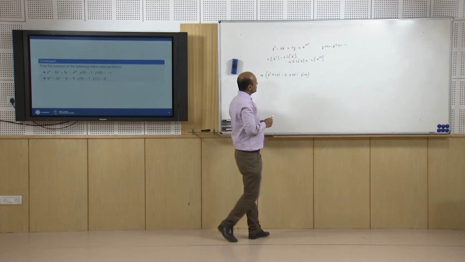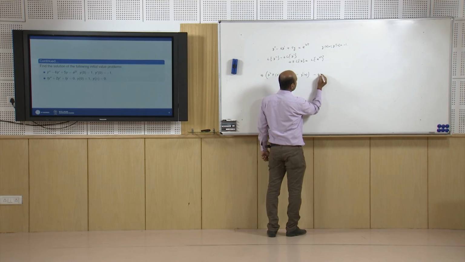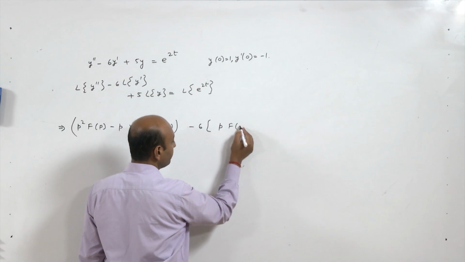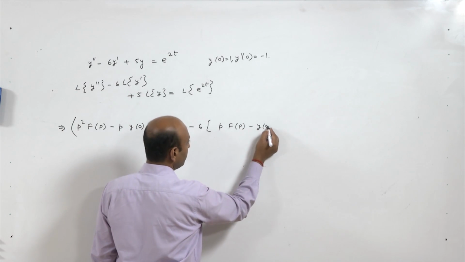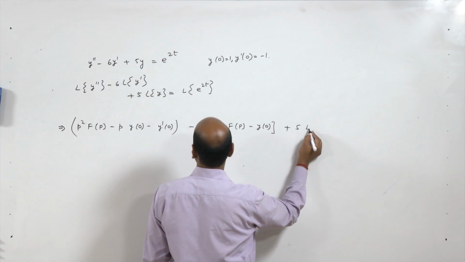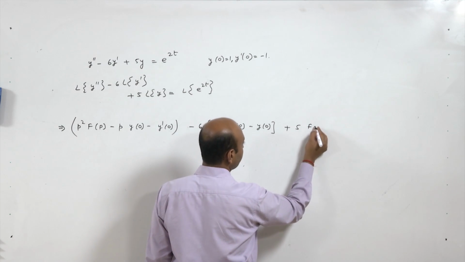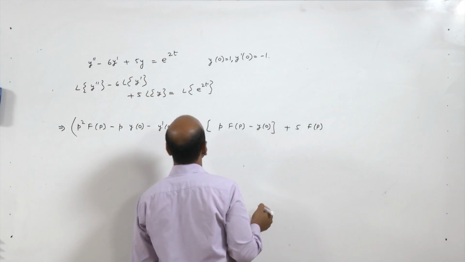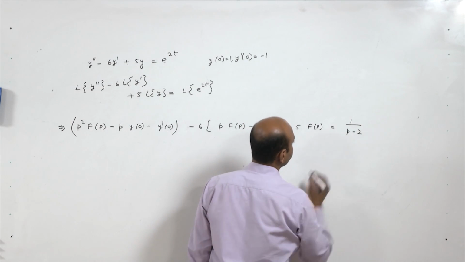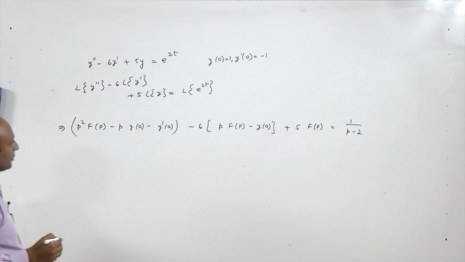So, minus 6 and Laplace of y dash will be nothing but p f p minus y 0, plus 5 times Laplace of y, which is f p, and it is equal to 1 upon p minus 2. Laplace of y I am calling f p.